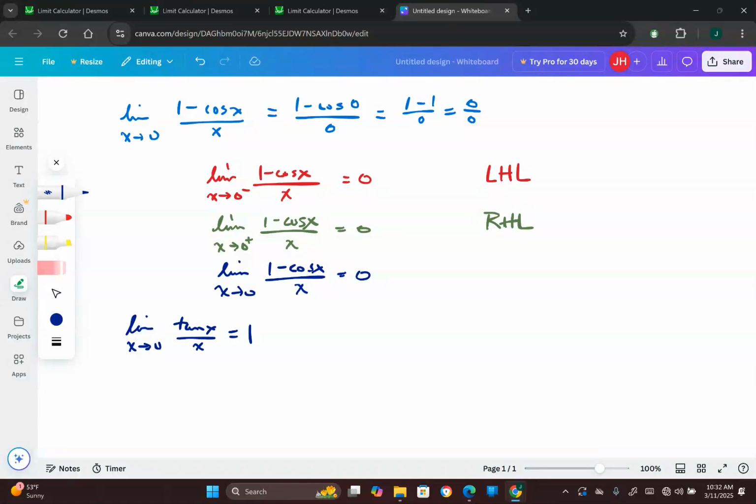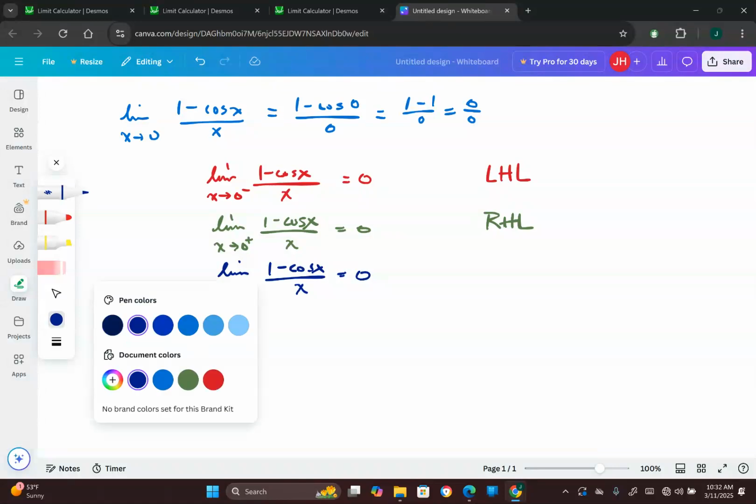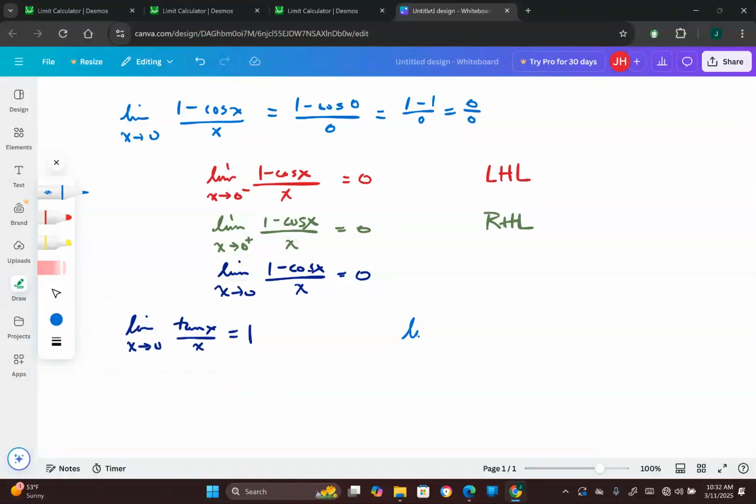Now this is one that can be easily proven. How so? Well, give me another way to write tangent. Tangent is sine of x divided by cosine of x. If you've ever taken a trig class, you know that. I ask people all the time, how's tangent defined? And they say it's sine of x over cosine of x.